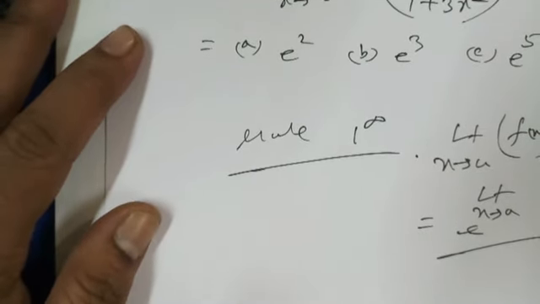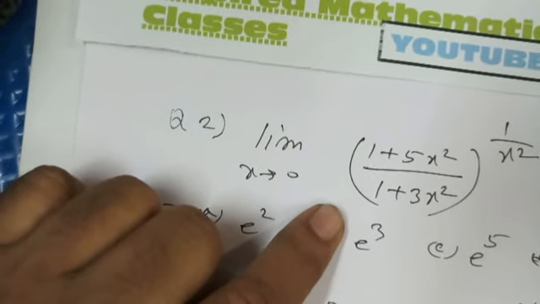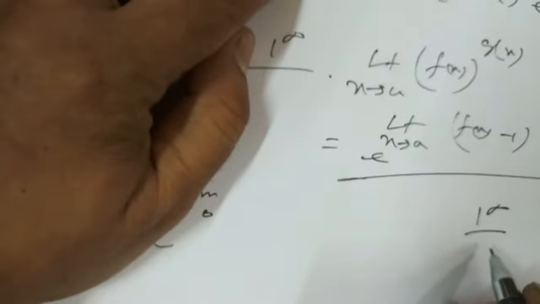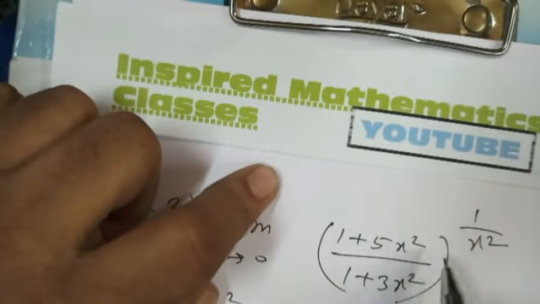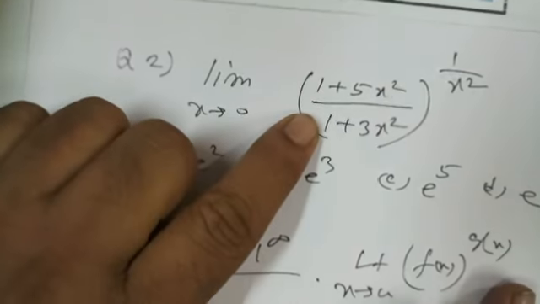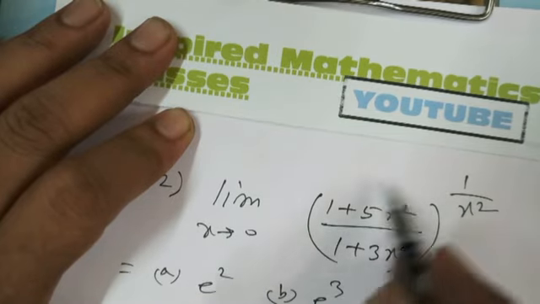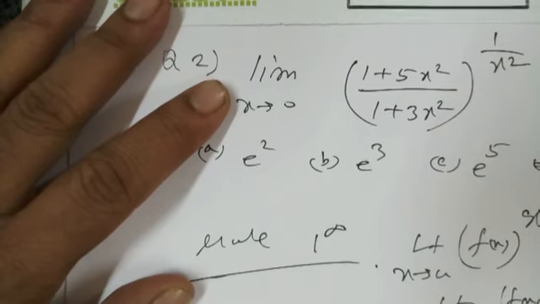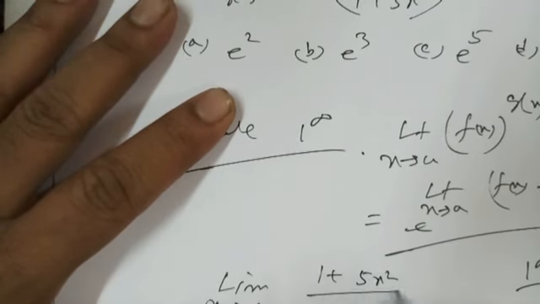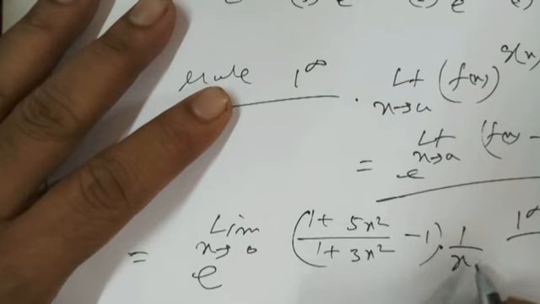Now for this limit, it is e power limit x tends to 0 of (f(x) minus 1) times g(x). Here f(x) is this and g(x) is this, and it is of 1 power infinity form. Why? If x tends to 0, then the limit of this base function is 1 and the exponent is infinity. So this will be e power limit x tends to 0 of (1 plus 5x square over 1 plus 3x square minus 1) times 1 by x square.